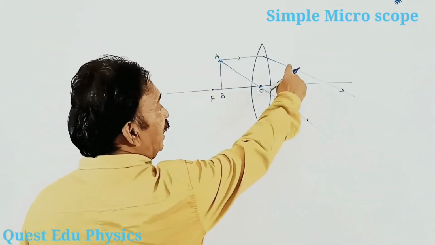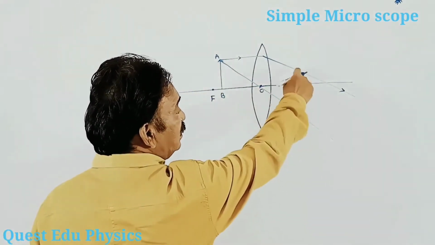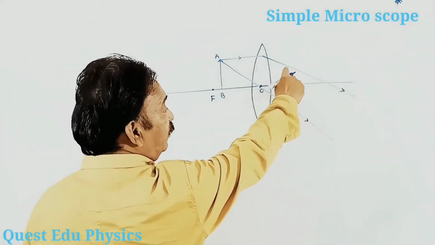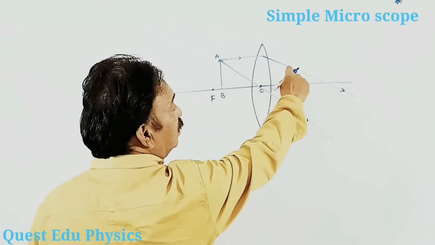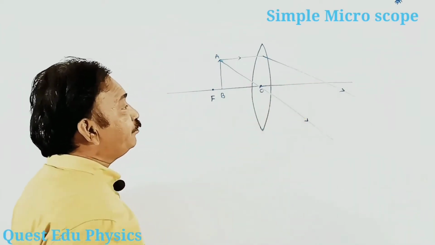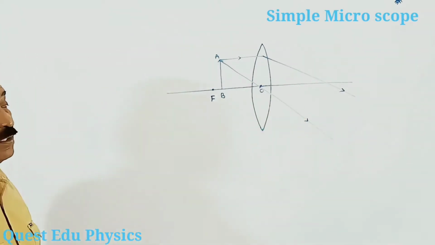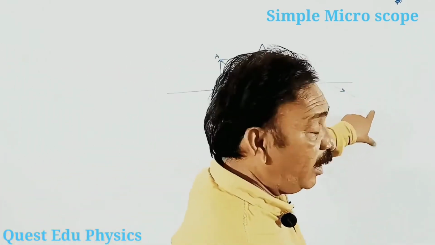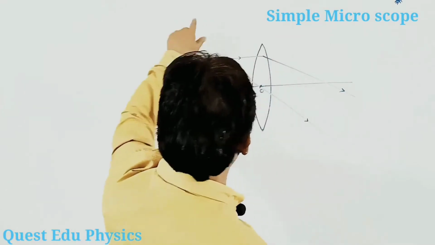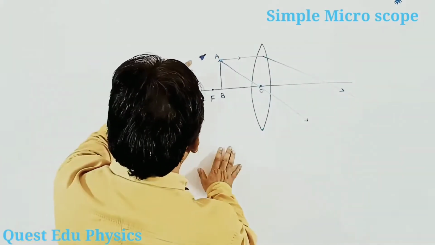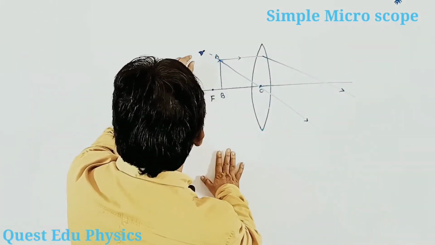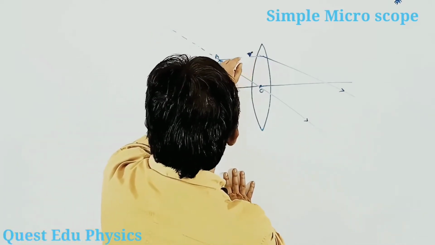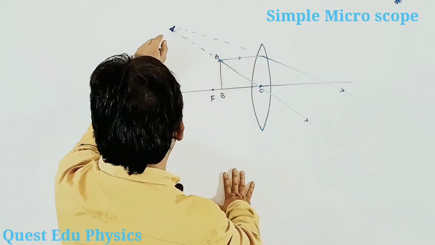Here we kept our eye very close to this lens, almost in contact with the eye. These two rays can't meet at a particular point in this way. That's why we are producing them backward.